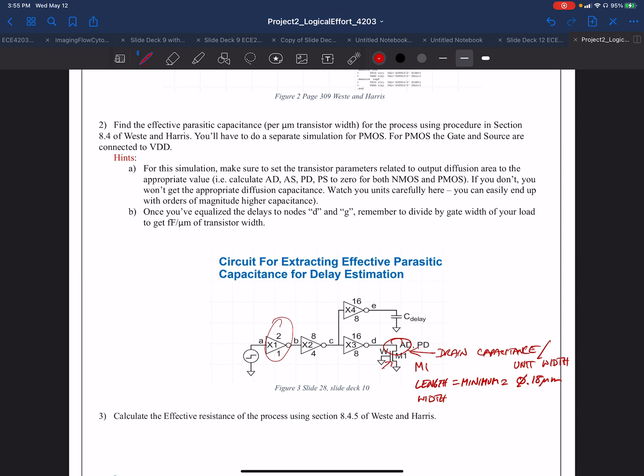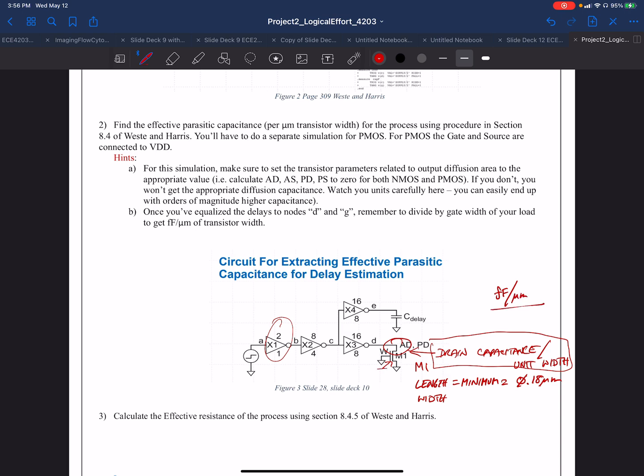Theoretically, you could make it any width, because in the end you're going to divide by the width of the device to get the capacitance per micron. You're eventually going to get something in terms of femtofarads per micron.